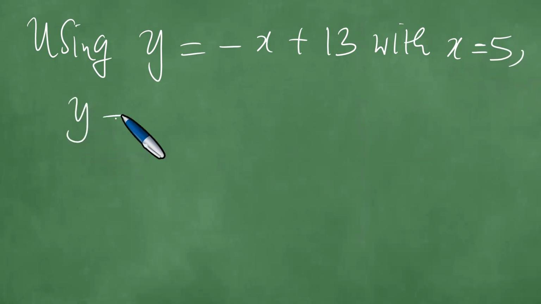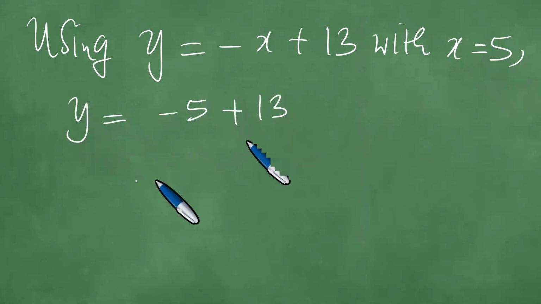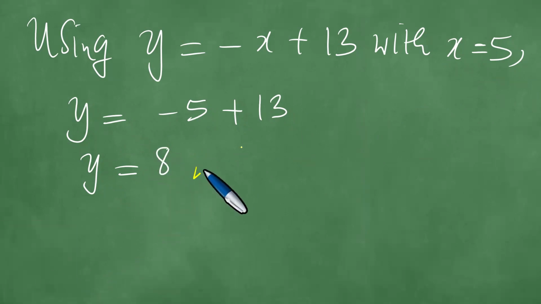We have y equals minus 5 plus 13, which means y equals what? Y is equal to 8. We have got, therefore, at this point, that y equals 8 and x equals 5.